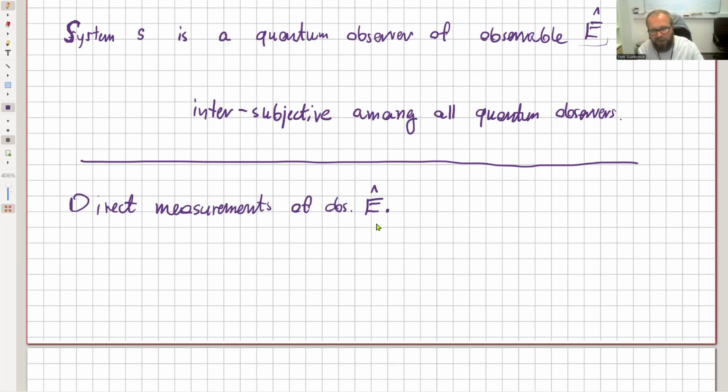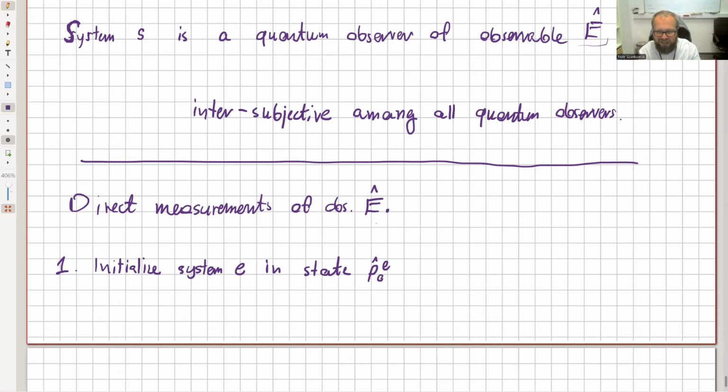Okay, so we begin the first step. Initialize system E in state rho_0^E, the same initial state as before.